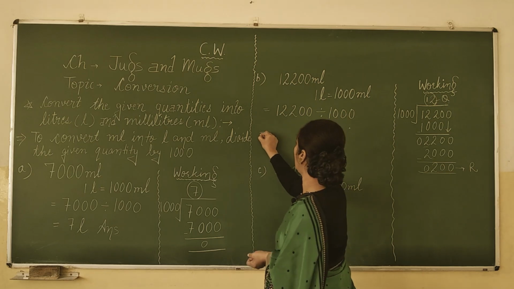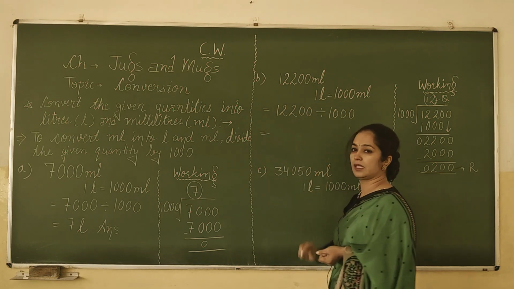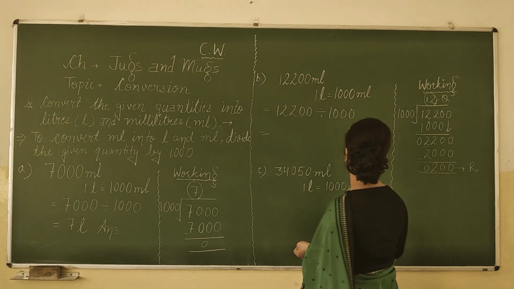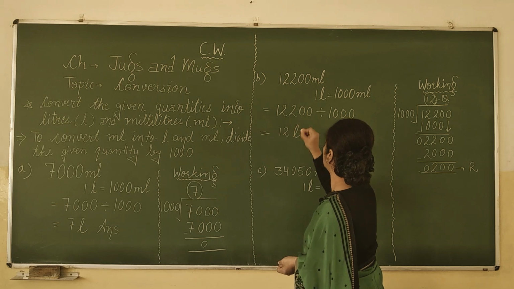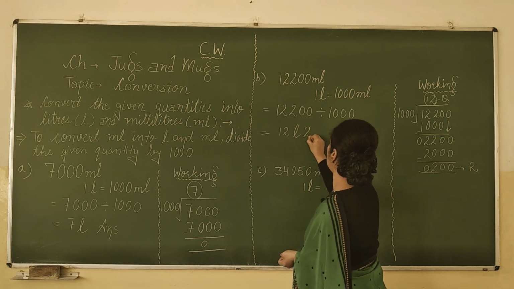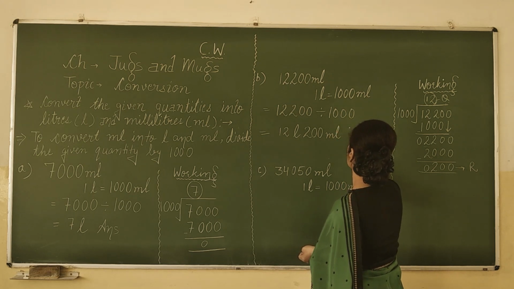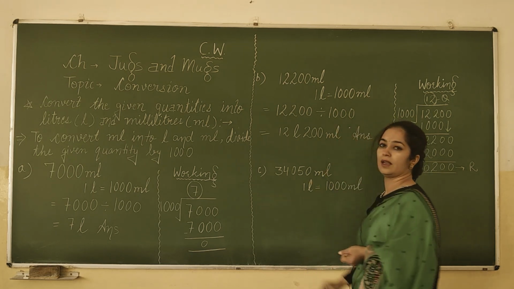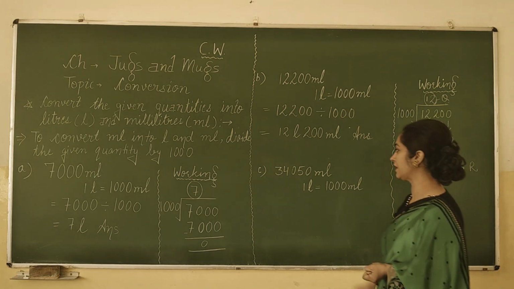So when we convert 12,200 milliliters into liters and milliliters, we will get 12 liters and 200 milliliters as our answer. We will solve one more example based on this concept.